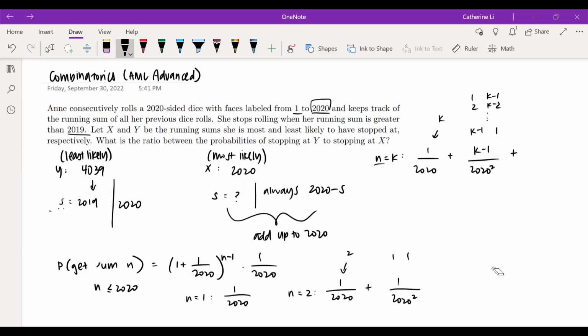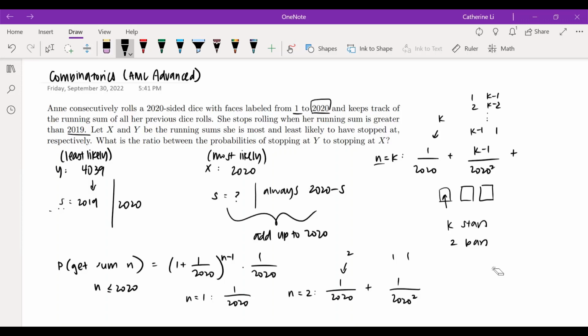If we want to partition the sum of k into 3 rolls, where each roll is at least 1, we have k stars and then 3 boxes, so 2 bars.